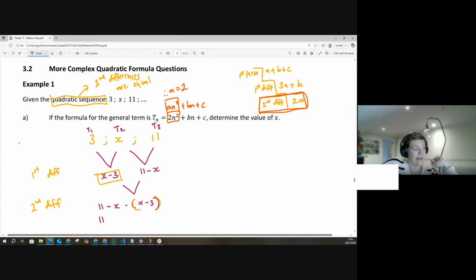So we have 11 minus x plus 3, which leaves us with 14 minus 2x. So Boo, what you'll see in yours is you have got 2x minus 14. It is just the wrong way around.